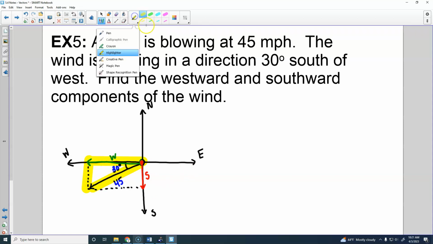I also know that south and west are perpendicular to each other, so that's going to be a right angle. Right there, we're going to have a rectangle. And I also know that this side over here would be S, because we're dealing with the rectangle here. So we can find S or W first. It does not matter which one that we look for.